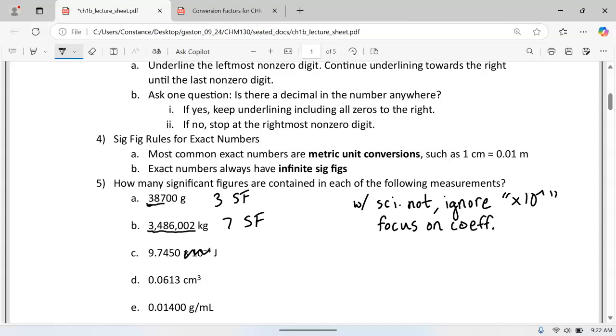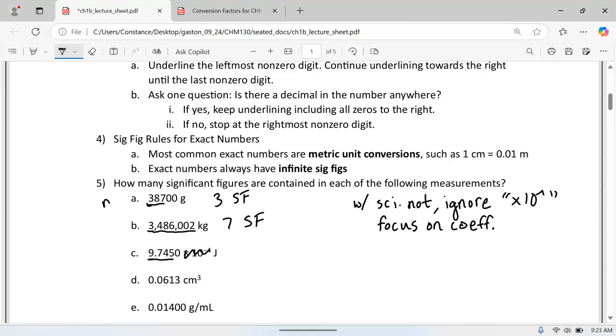Okay, again, starting with that leftmost non-zero digit, that's the 9, we're going to underline until we get to the rightmost non-zero digit. And so we're going to underline all the way to that 5. And then ask our one question, is there a decimal anywhere in that number? And the answer is yes.